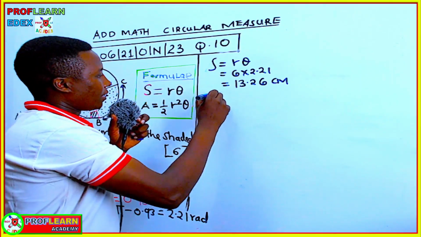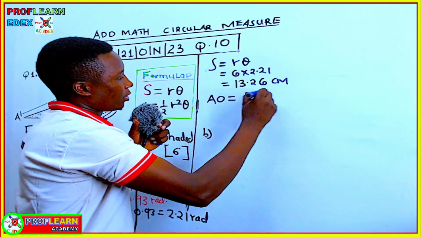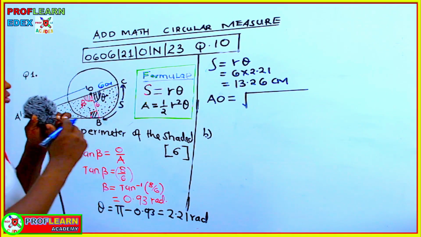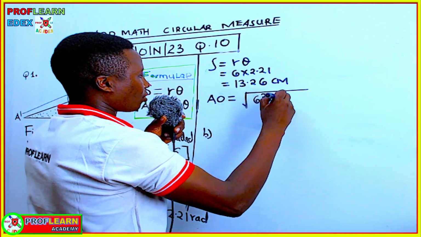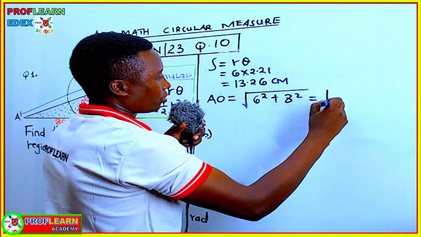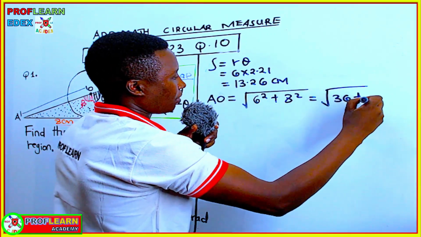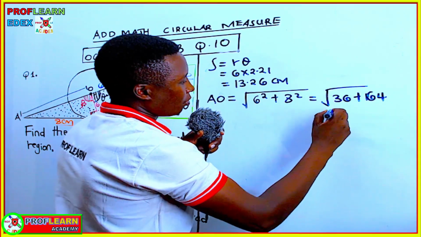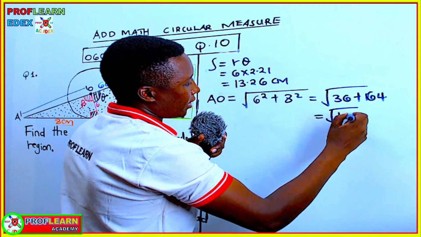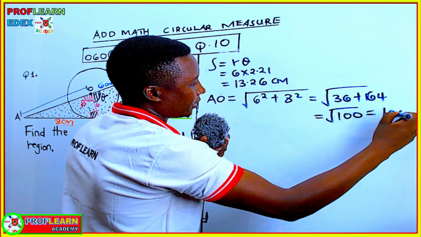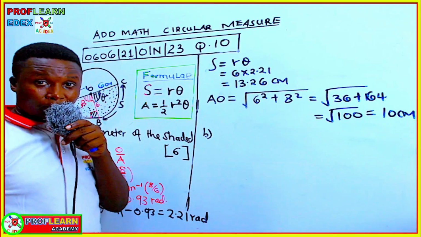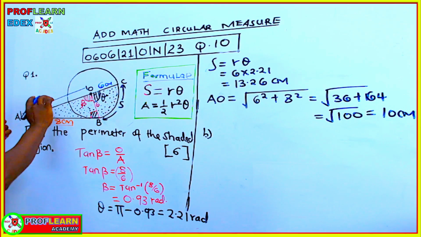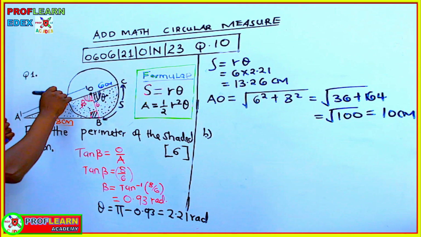This is a shorter side, this is a shorter side, so AO is the hypotenuse. AO is the square root of 6 squared plus 8 squared, which is the square root of 36 plus 64, which is 100. The square root of 100 is 10, so this dimension here is 10 centimeters.